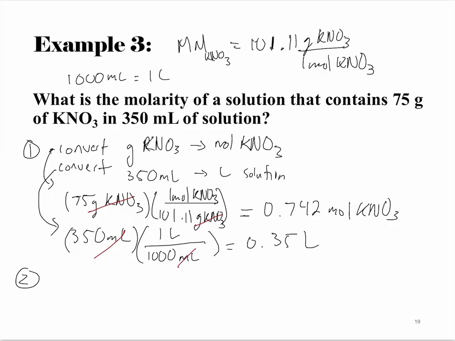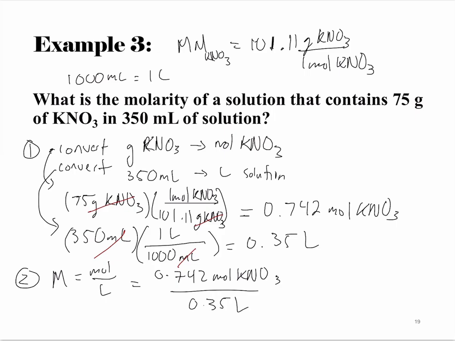And then the last step for this problem is what? Yep, you just plug this into our definition of molarity, which is moles per liter. We have 0.742 moles KNO3 per 0.35 liters.